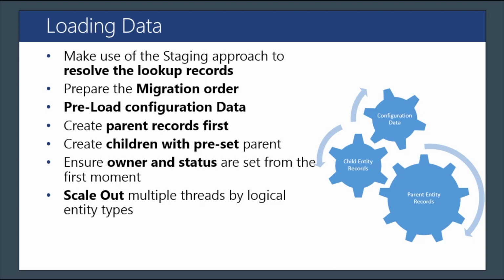So establish that logical order of tasks within the migration of each of the entities, and make use of multiple threads to do that. Scaling out is recommended so that you don't concentrate the migration of data into one single process or one single thread that may not perform as expected, where you're migrating a few records an hour or a minute, and you were expecting to migrate several hundreds of thousands or even thousands of records per hour.